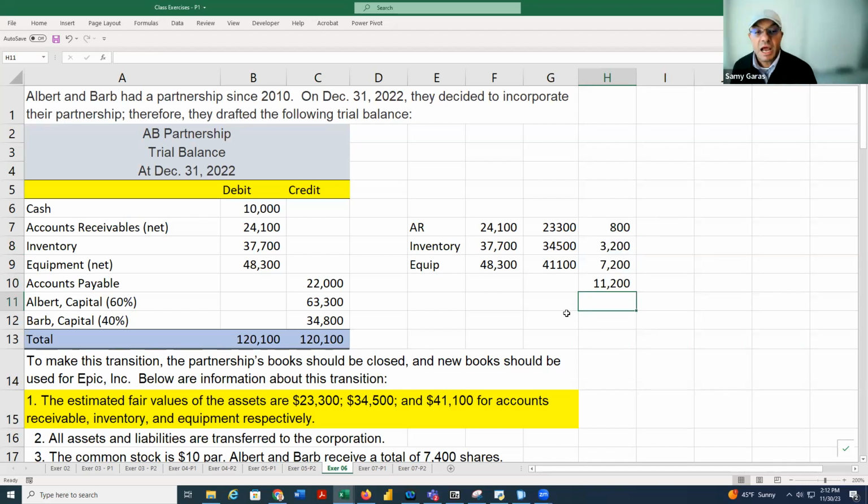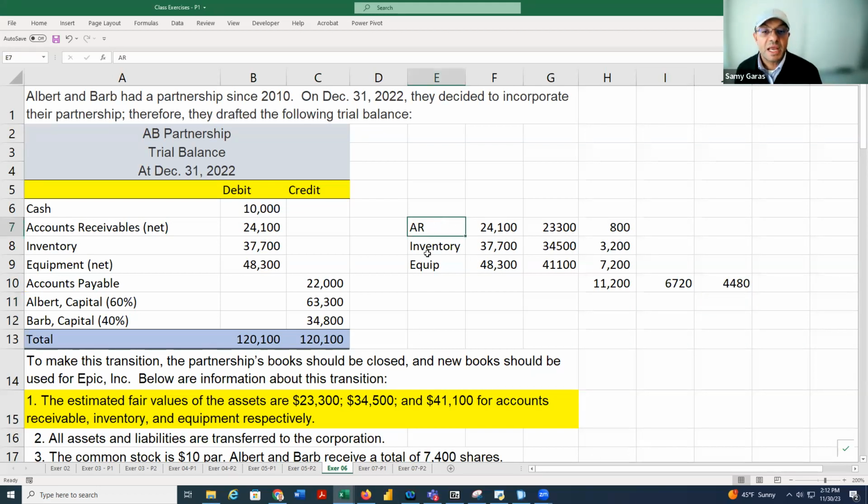11,200. How can we distribute the loss as we did in the previous example? Here you can see Albert will take 60%, Barb will take 40%. So we take this one times 60 will go to Albert, and here times 40, which will go to Barb. And we need to make the journal entry.